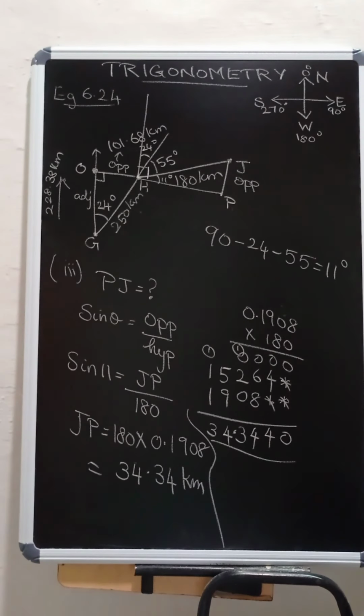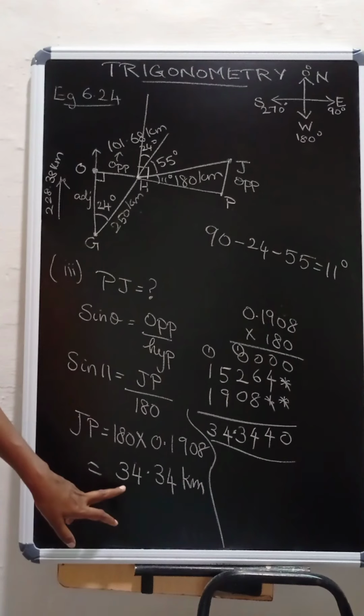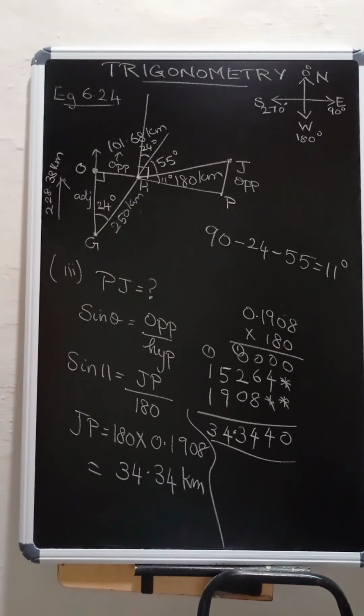How far is J to the north of H? 34.34 kilometers.